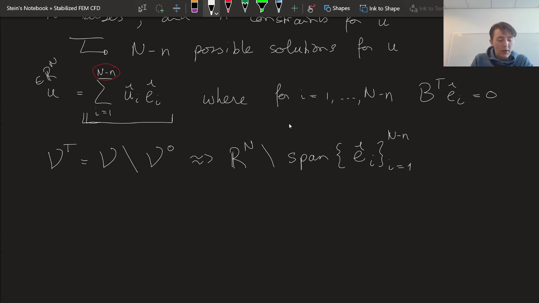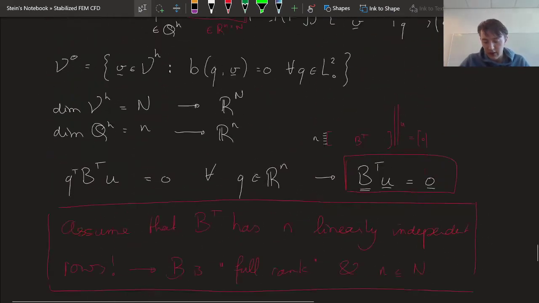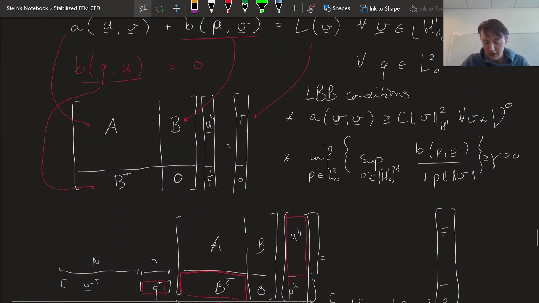So the V transpose space is going to be equal to the original space R big N, minus all our functions that satisfy the constraint. Because again, that was what the Inf-sup condition centered around.